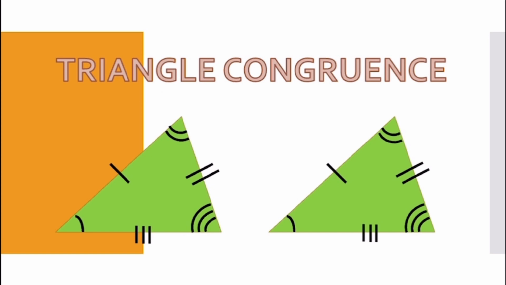Do we always have to prove that the 6 corresponding parts of two triangles are congruent before we could make a conclusion that the triangles are congruent? In this lesson, we can use congruence postulates to illustrate that the two triangles are congruent.